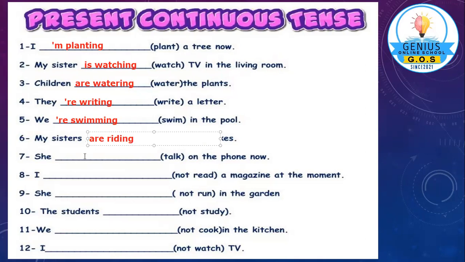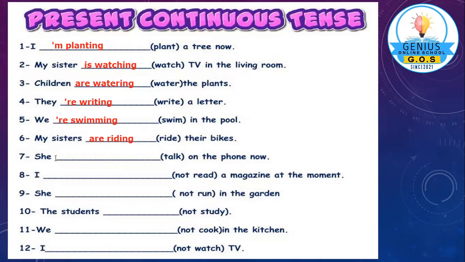And here we remove the E before we add ing. So if you have the verb ends with letter E, remove letter E before you add the ing. Okay? Okay.